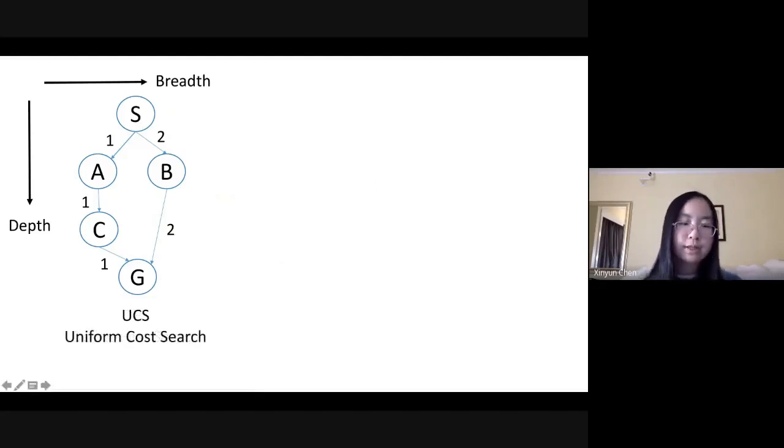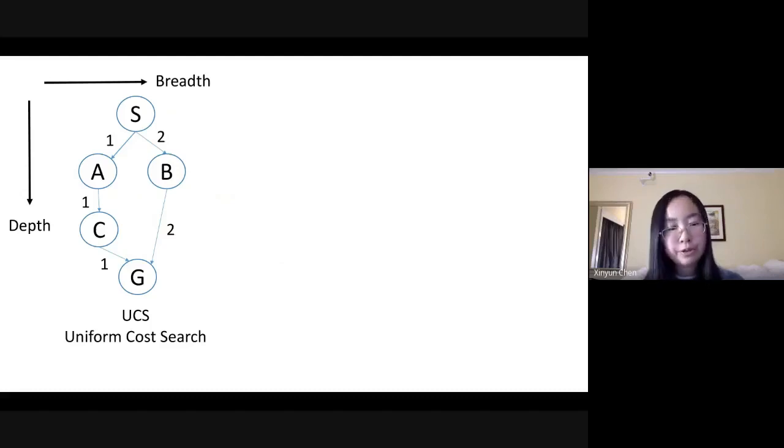Finally, UCS stands for Uniform Cost Search. For the previous breadth first search or depth first search, we consider breadth and depth as more important factors for priority than the cost of the edges.